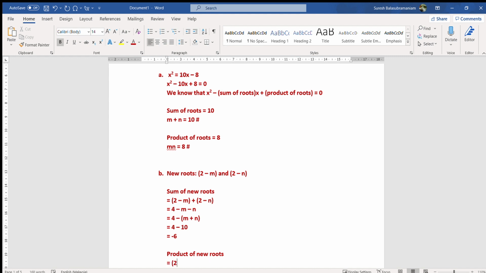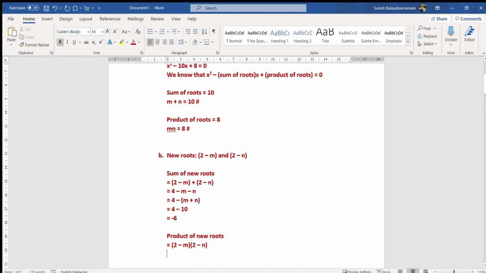So 2 minus m and 2 minus n. It's 4 minus 2n minus 2m plus mn. This is after I multiply the roots.